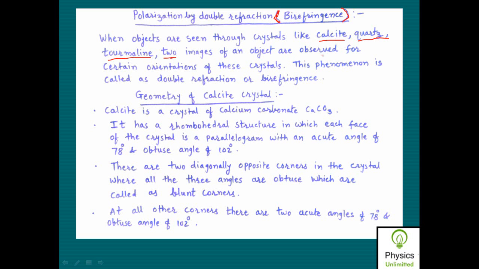So two images of an object are observed for certain orientations of these crystals, and this phenomenon is called double refraction or birefringence.